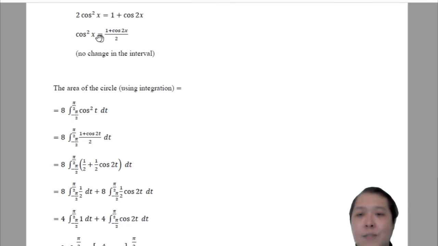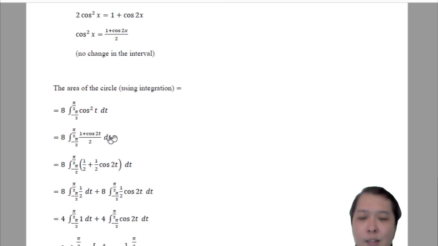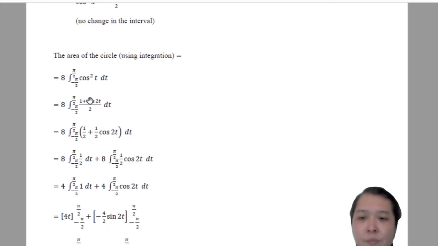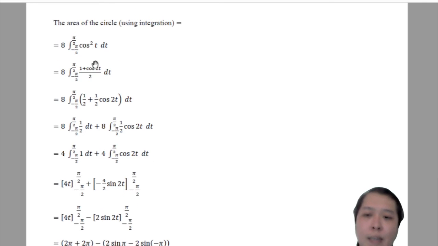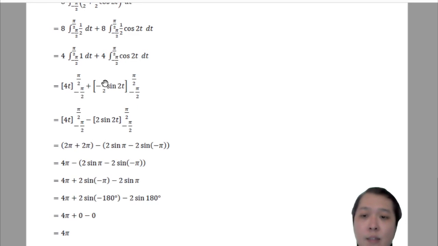And then we just use this final expression from the double angle formula cosine 2x and substitute it here. And of course, again, simplification and calculation.